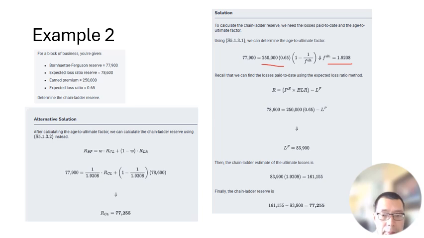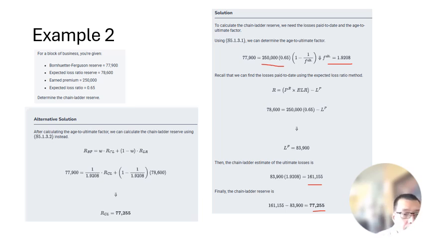From there, we can get LP to be 83,900. Then the chain ladder estimate of the ultimate loss is just the paid loss, 83,900, times the factor, which is 1.9208. You got 161,155. Finally, the chain ladder reserve will be the ultimate loss minus the paid loss, which is 77,255.